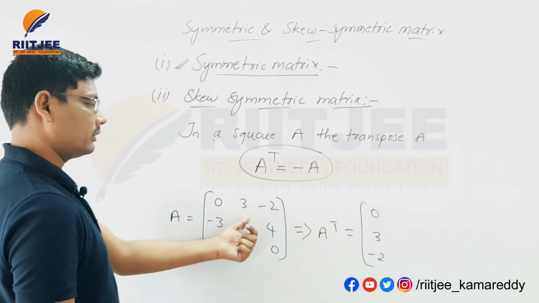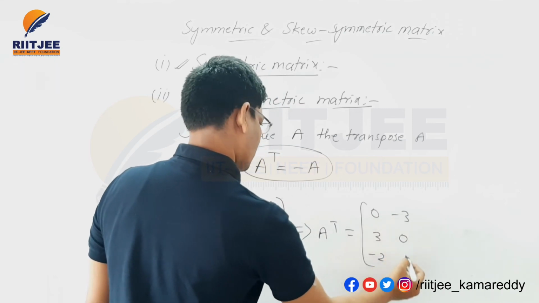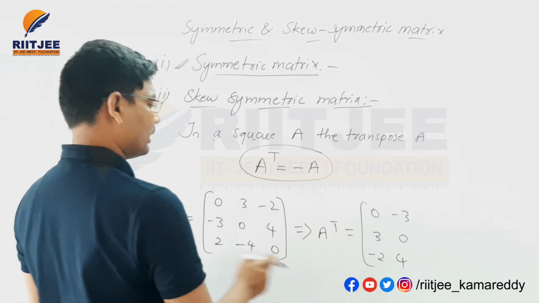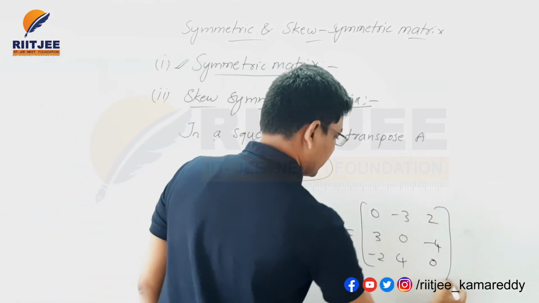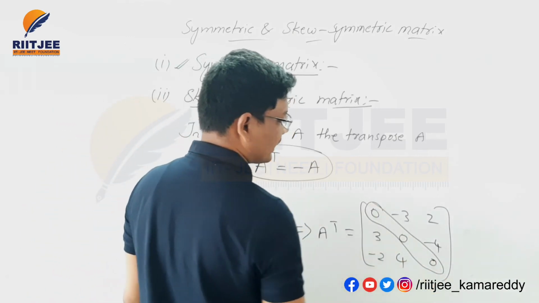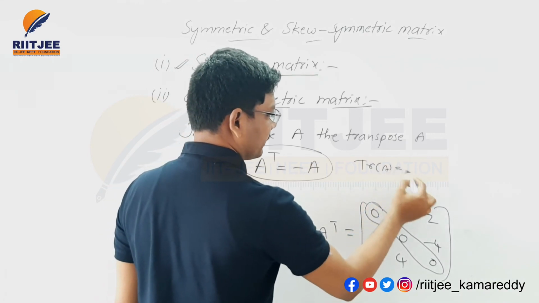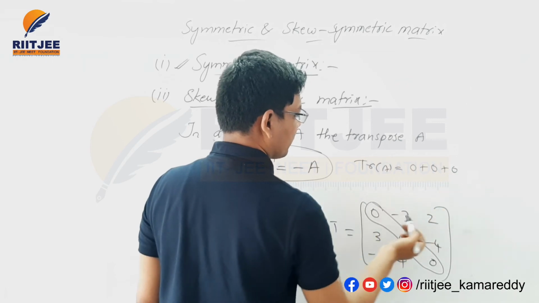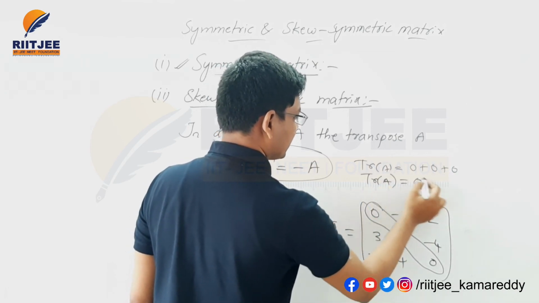This row will become column 1, minus 3, 0, 4 will become column 2, and this row will become column 3: 2, minus 4, 0. Here if you observe, the principal diagonal elements are 0 and the trace of A is also 0, that is 0 plus 0 plus 0. The trace of A is also 0.